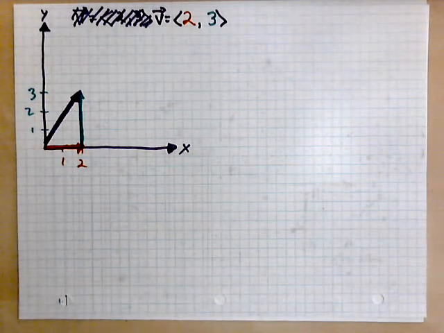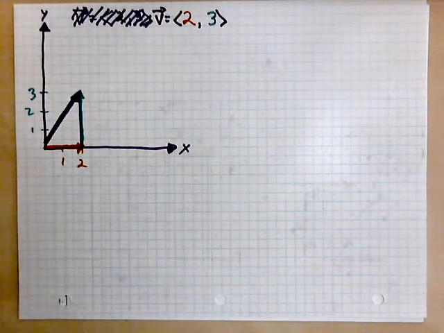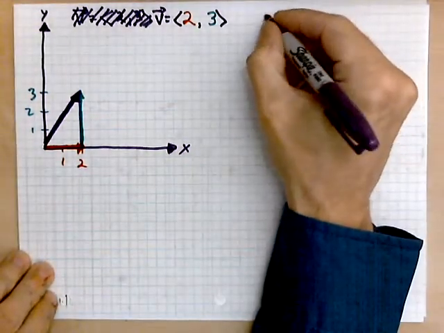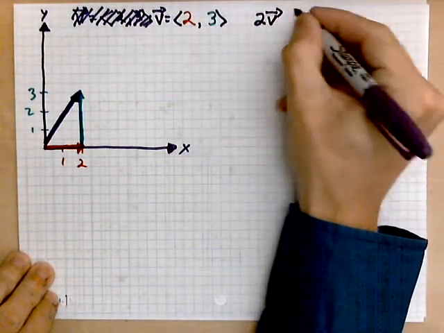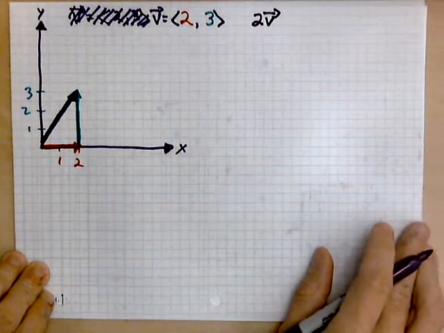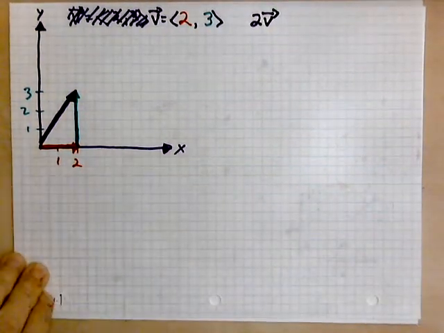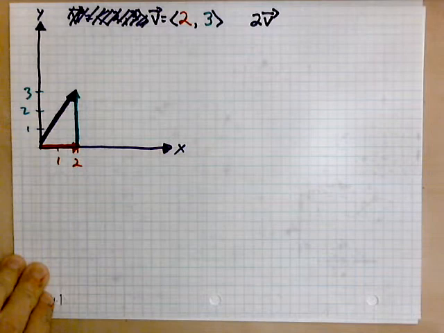And now we're going to perform the following operation. We will take our vector and we will multiply it by the scalar 2. And let's understand geometrically what the effect is of this operation.